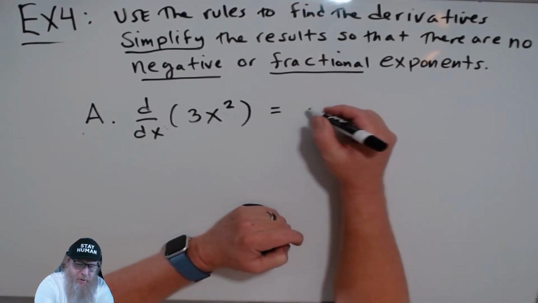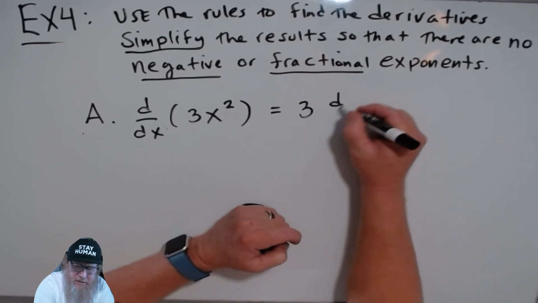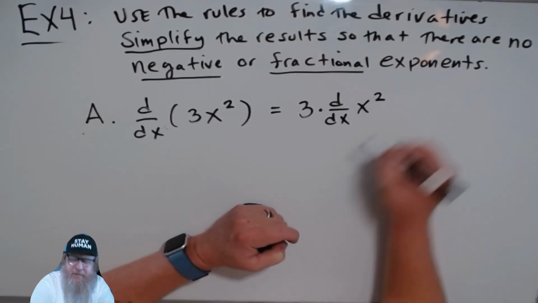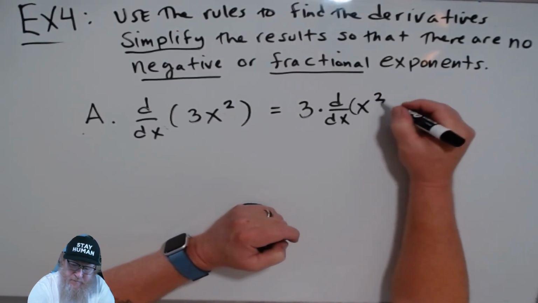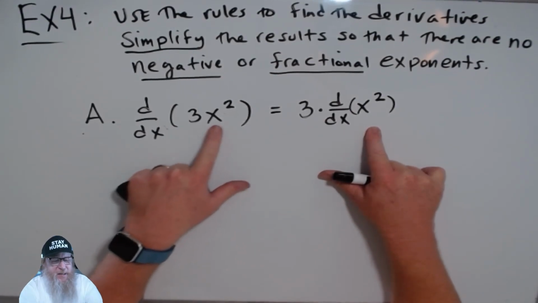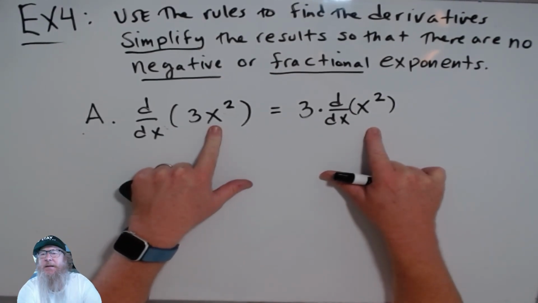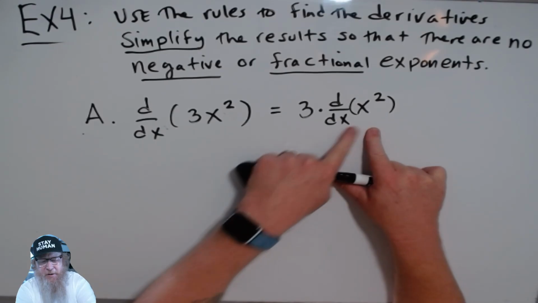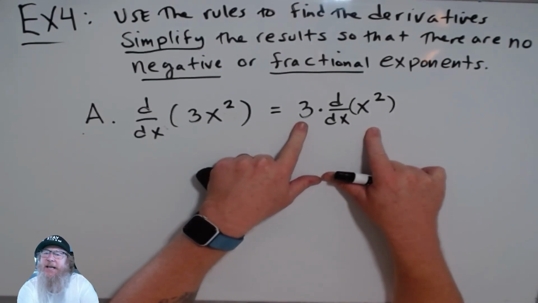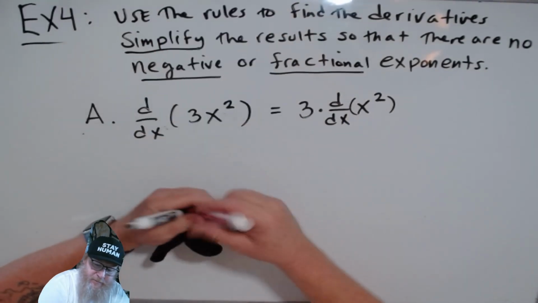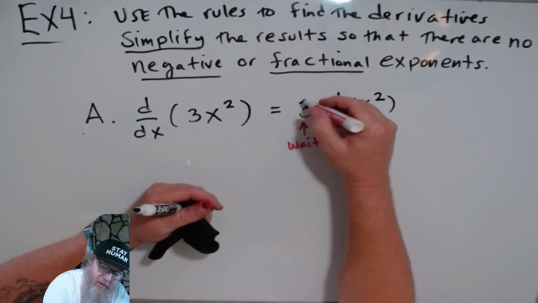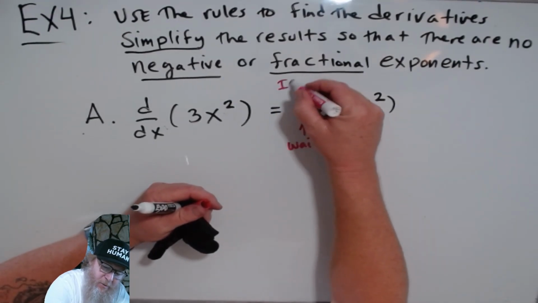Let's go ahead and pull out the constant. So a constant times a function is the derivative of the function times the constant. Right, so the 3 just sits out here and waits. I guess you could say ignore as well.